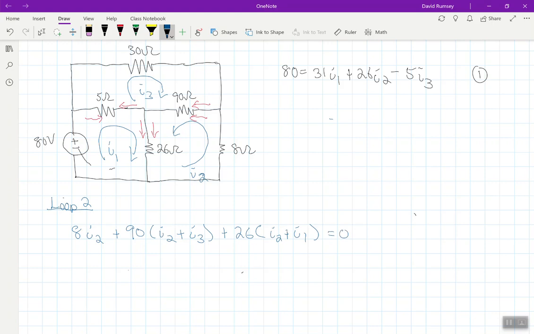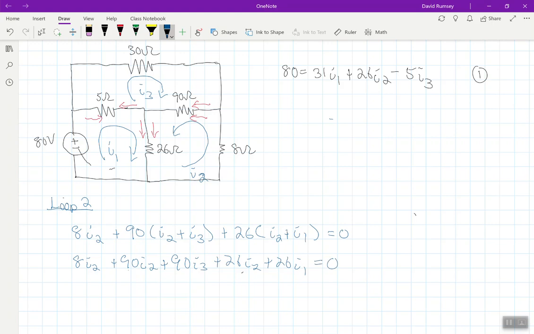And then sorting this out a little bit, you have 8I2 plus 90I2 plus 90I3 plus 26I2 plus 26I1 equals 0.